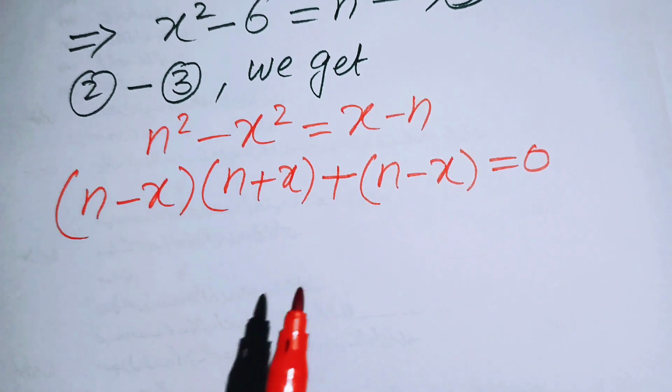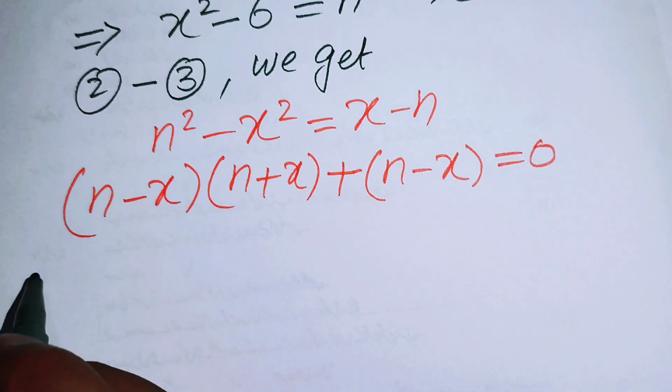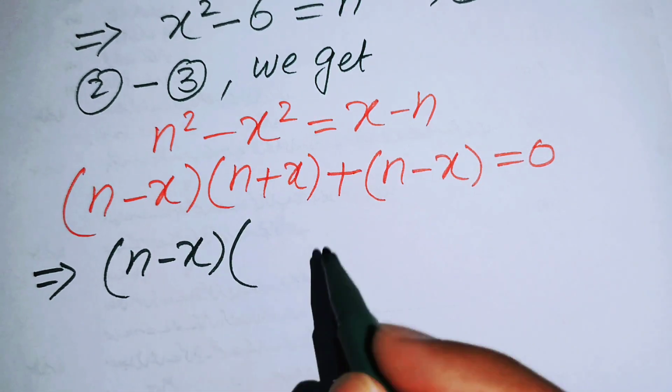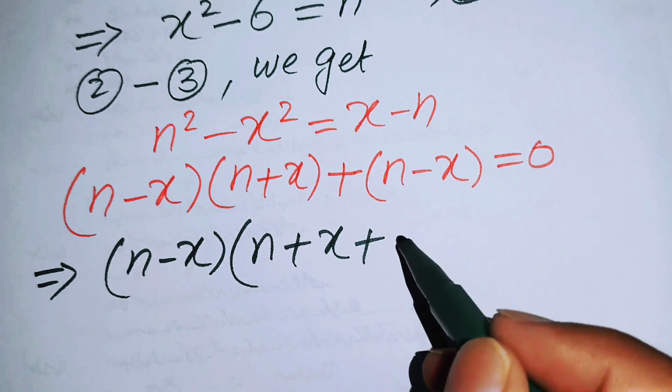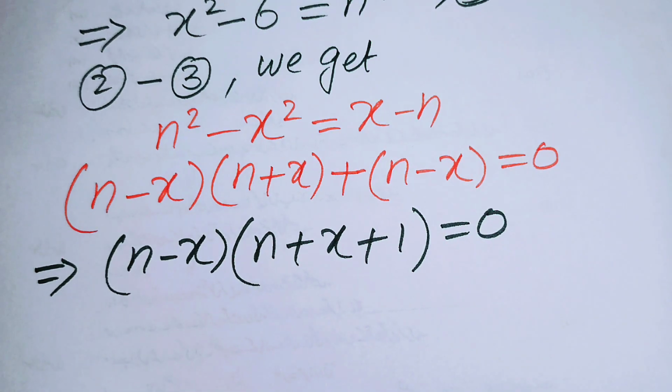Now you focus on both of the terms and you see that we have the common term n - x on both, so we take n - x common and you get (n - x)(n + x + 1) = 0.